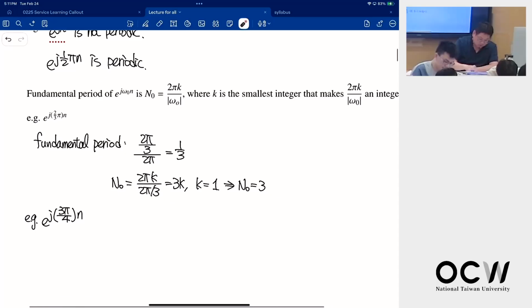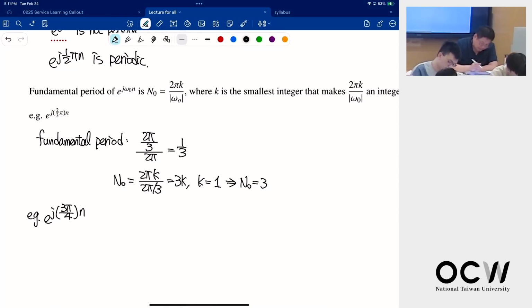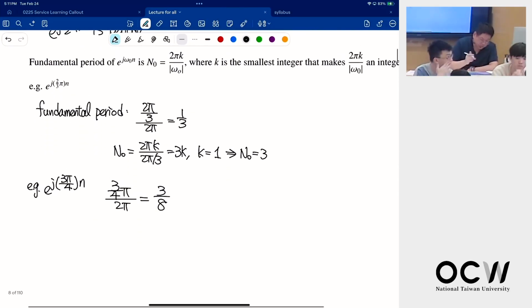So first we can divide by 2 pi. That's 3 over 8, right? Now, for the n naught, we need 2 pi k over omega naught.